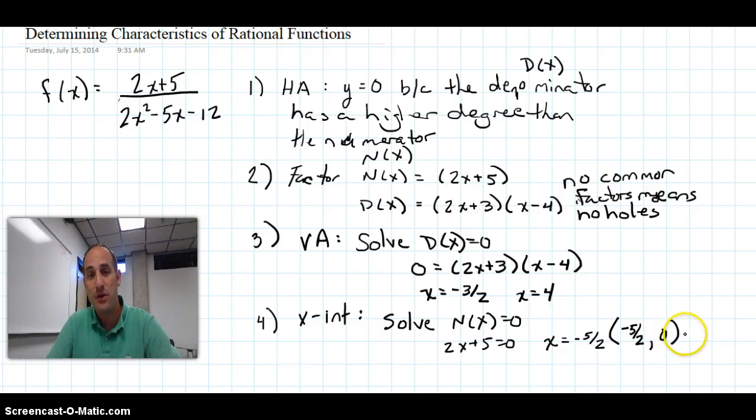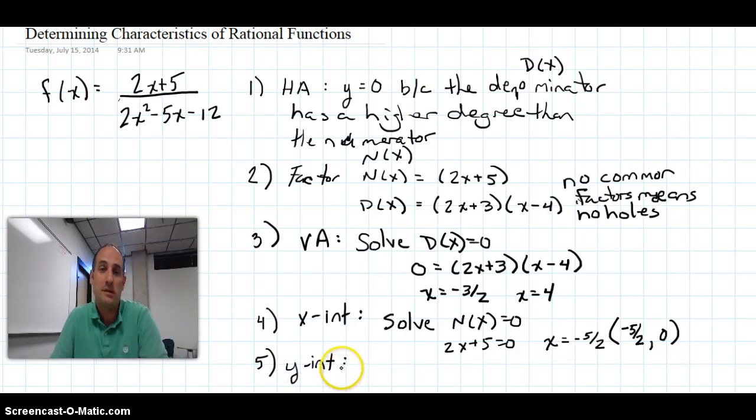Finally, the last thing you're going to do is the y-intercept, and that's the easiest one of all. I'm going to go back to my original function for the y-intercept here, and we just replace all the x's with a 0 because that's what we want for the y-intercept. So what we're going to do is f of 0.